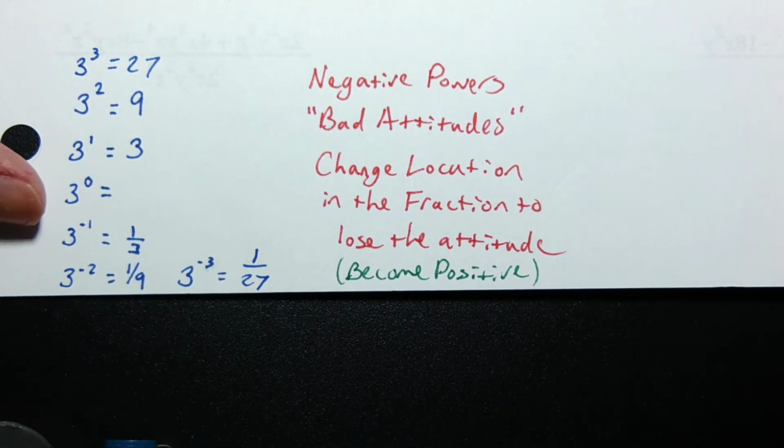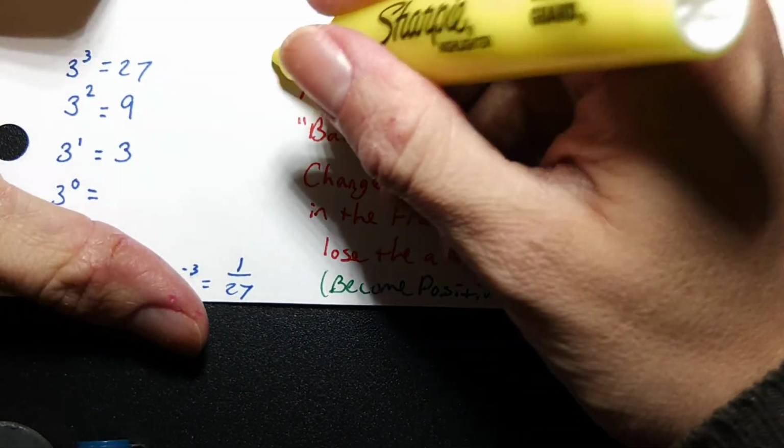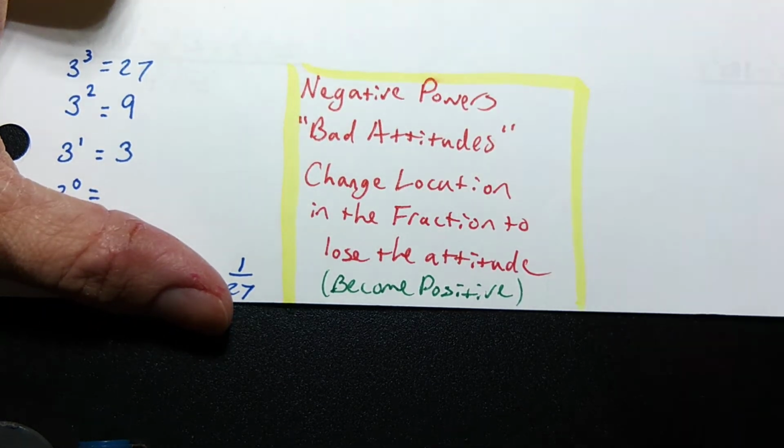So negative powers are like bad attitudes. They change the location in the fraction to lose the attitude.